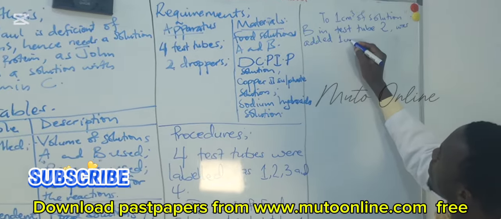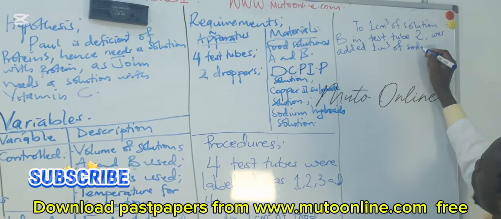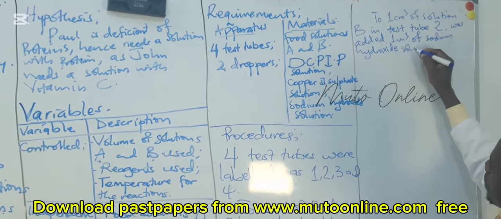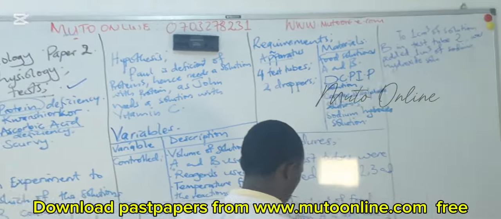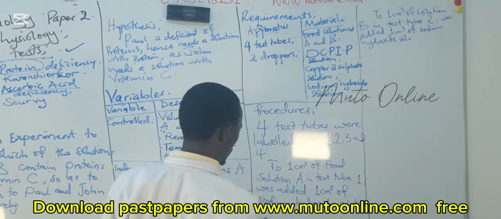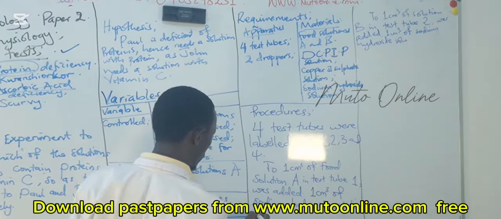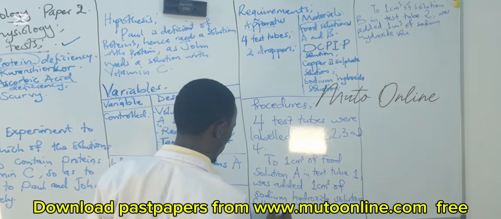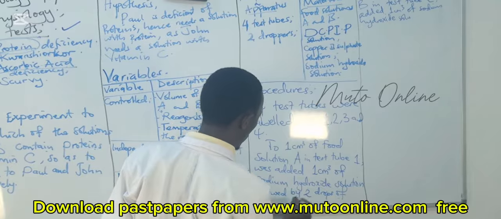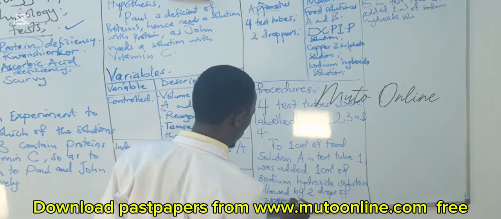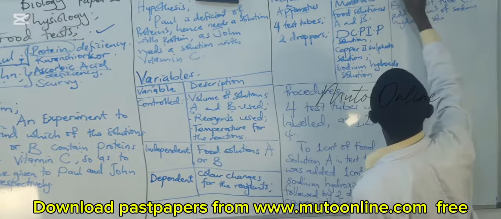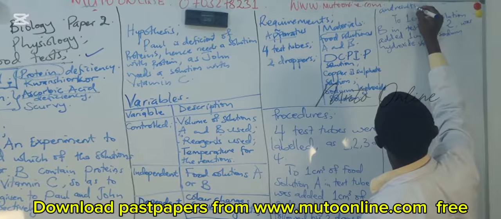We add equal amounts, 1 cubic centimeter of sodium hydroxide solution, because this is incomplete, was added 1 cubic centimeter of sodium hydroxide solution, followed by 2 drops of copper 2 sulfate solution, and the results were recorded.